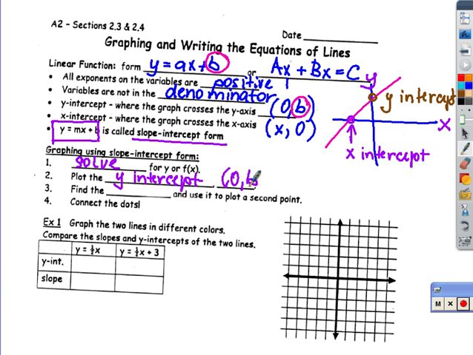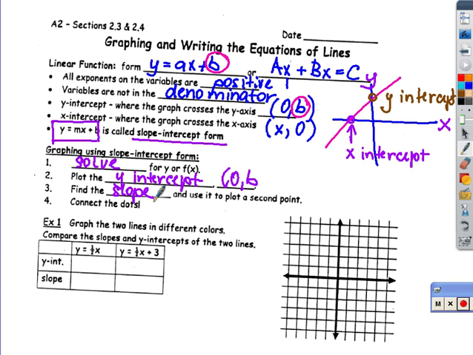Then we have gotten slope-intercept form. That's what we needed. Number 2, we will know the b is the y-intercept, which we said would be (0, b), and we plot it. Then we will find the slope and use it to plot a second point. Number 4, connect the dots.